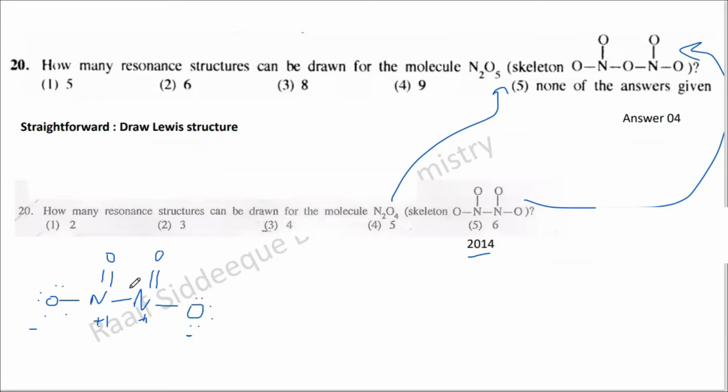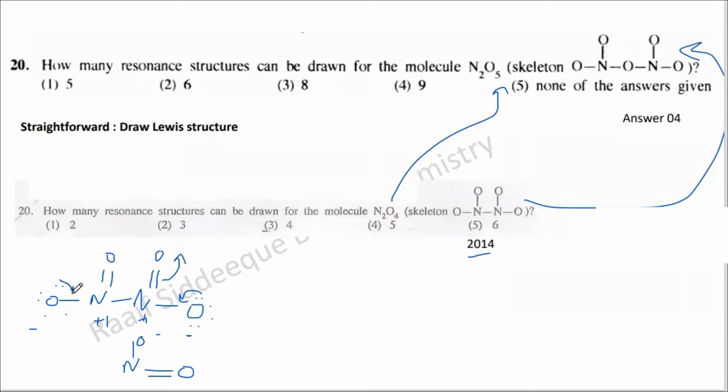I can change one of these oxygens to this one. For example, I can put the resonance like this, and make this happen like this. Then in the other structure, there will be a double bond from this oxygen and a negative charge on this oxygen. I can do the same for the other structure.